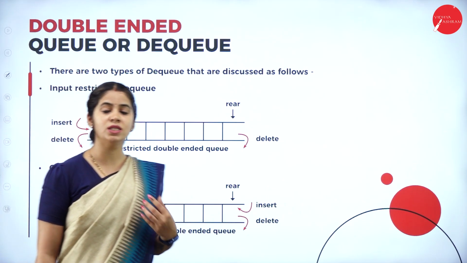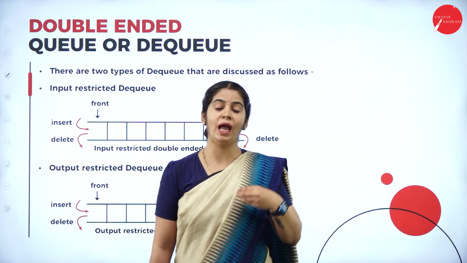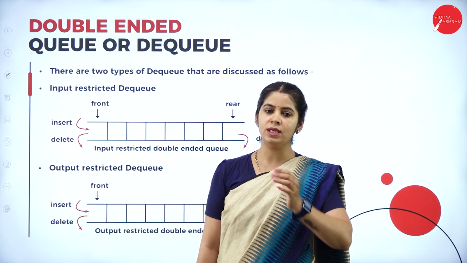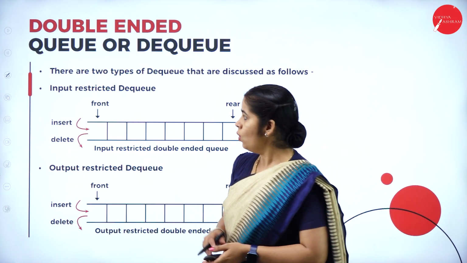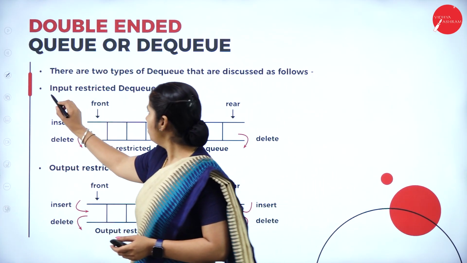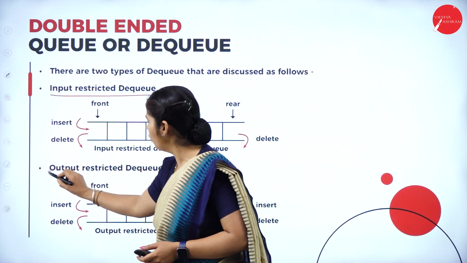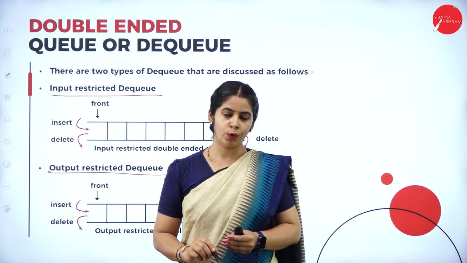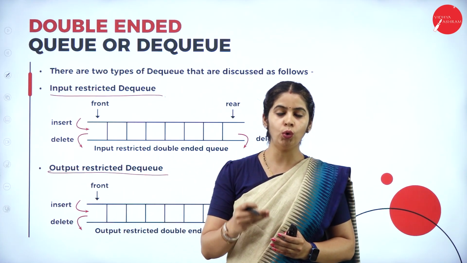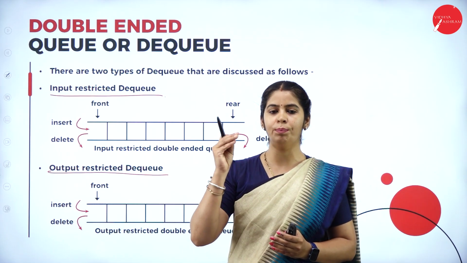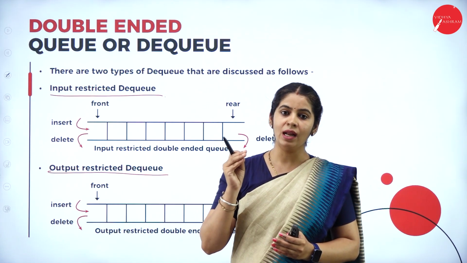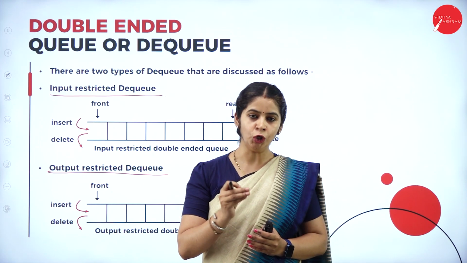We can put some restrictions on the double-ended queue. What are those restrictions? They are the input restricted double-ended queue and the output restricted double-ended queue. If we don't want to do insertion and deletion at a particular end, we can restrict the input of the queue.